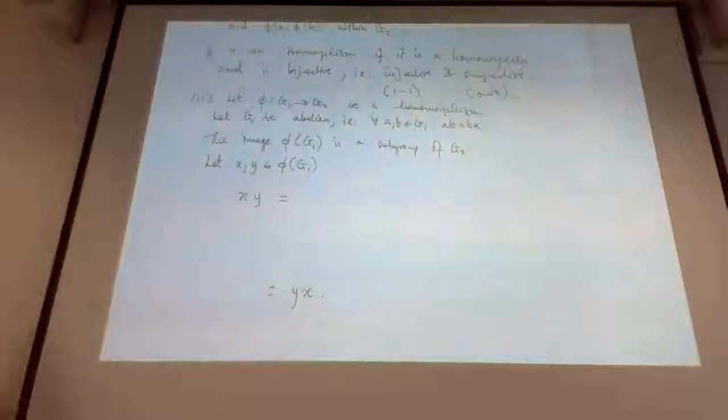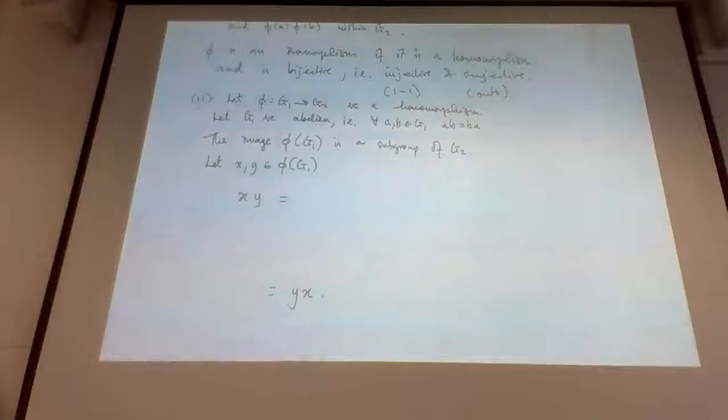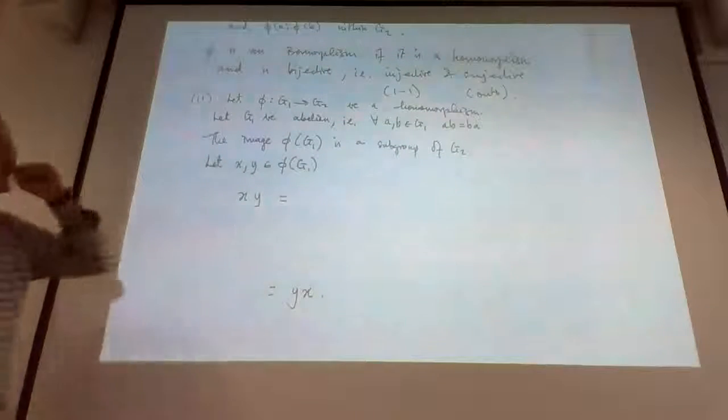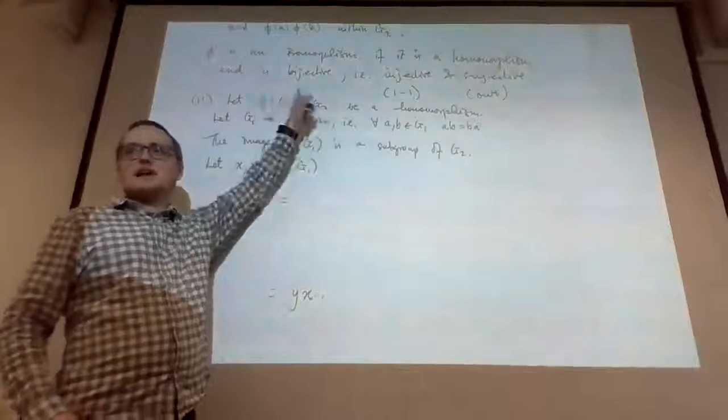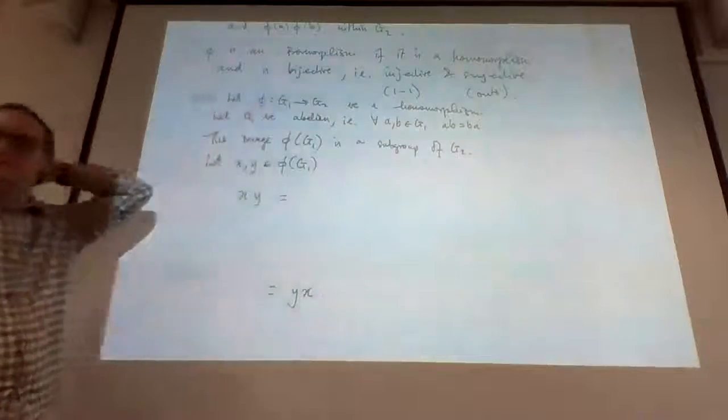Why do you say phi of G1 is a subgroup of G2? I just say it because it's true, and I'm about to look at products of elements within it. So if phi of G1 is a subgroup of G2, can we say phi of G2 is also a subgroup of G1? No, because phi isn't going in that direction. Phi is going from G1 to G2. You can't apply phi to G2.